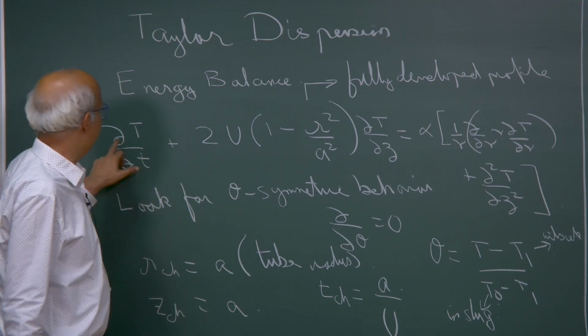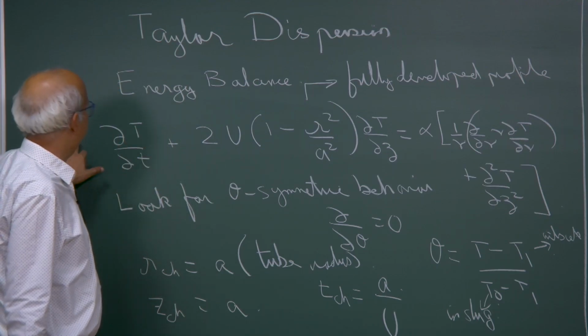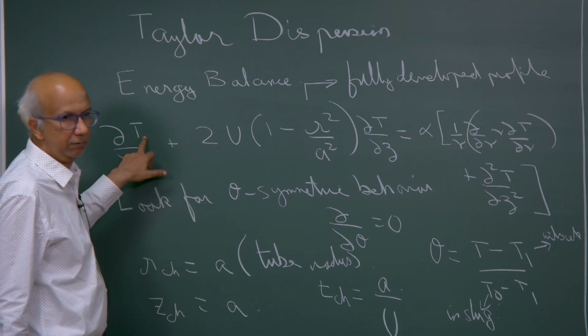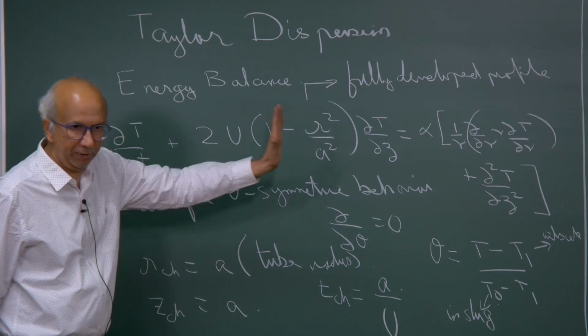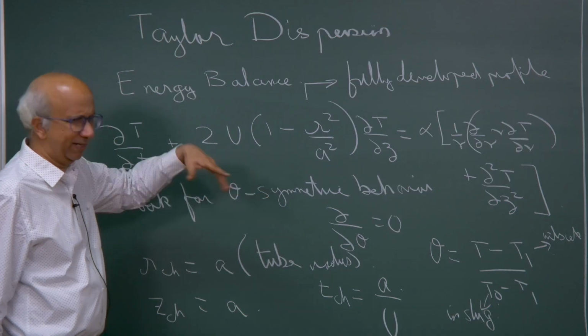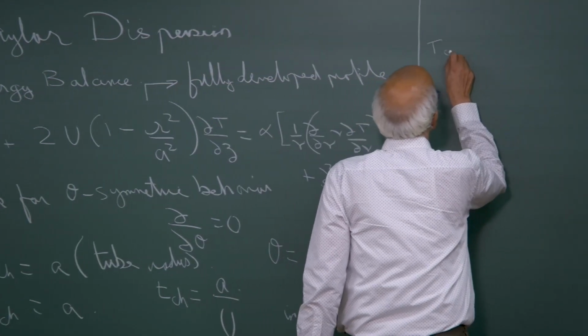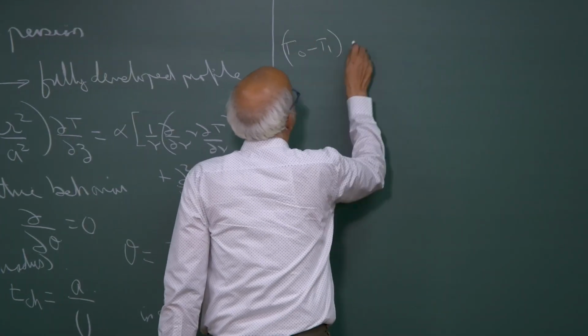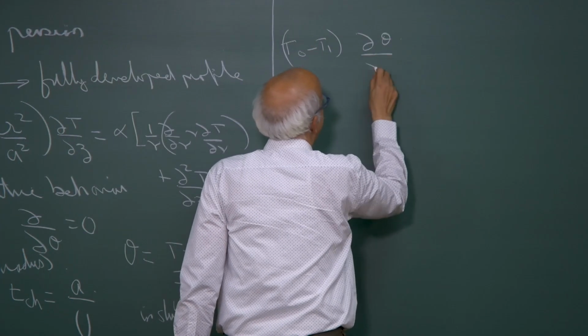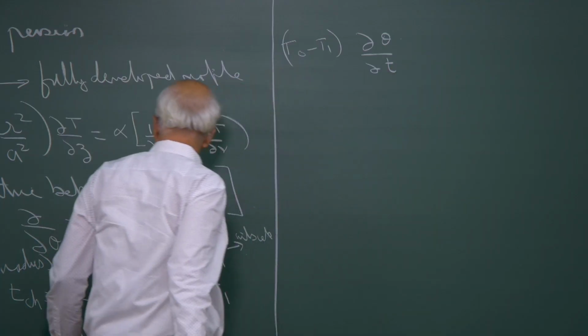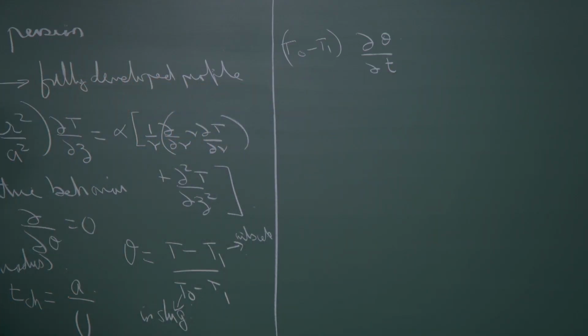I will write it once, but next time I am not going to write it. So, T0 minus T1 times d theta, and in dt, TCH will come out from the denominator.